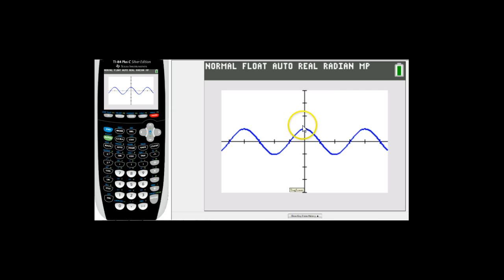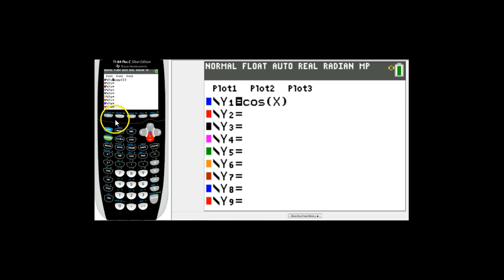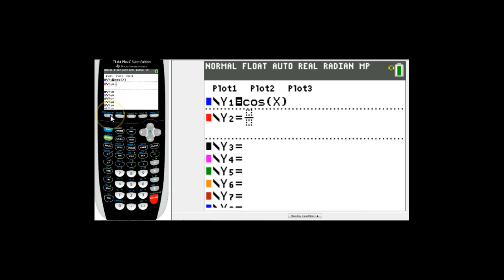And so if this is a 1 and it's approaching an asymptote, I should see a u centered right here on the y-axis. Let's see what happens. So we go into our y2, let's create a little mini fraction, and let's put in 1 divided by the cosine of x. Then let's look at that graph.